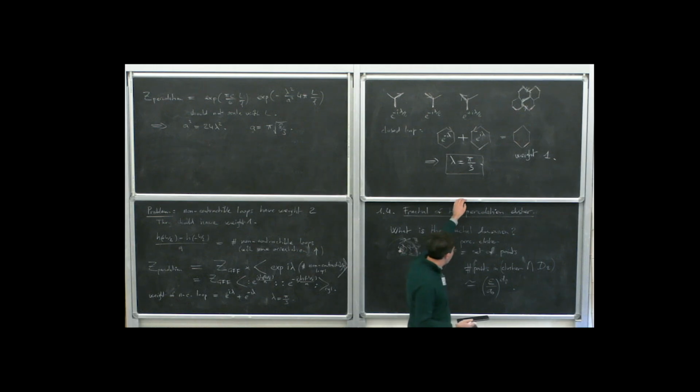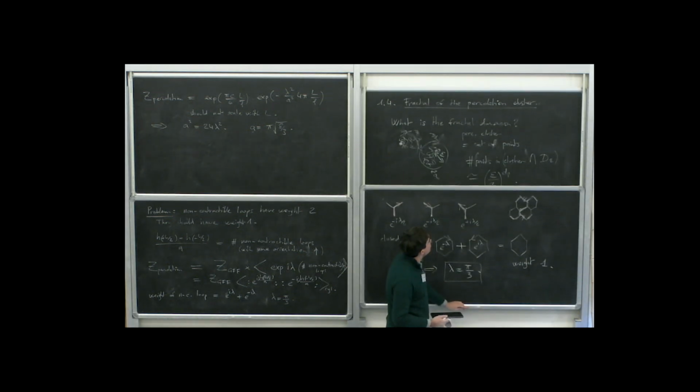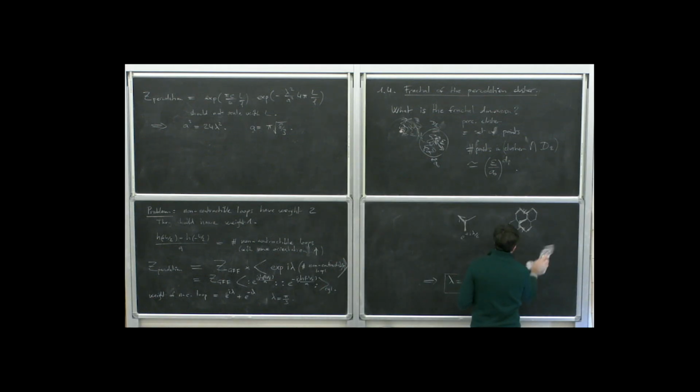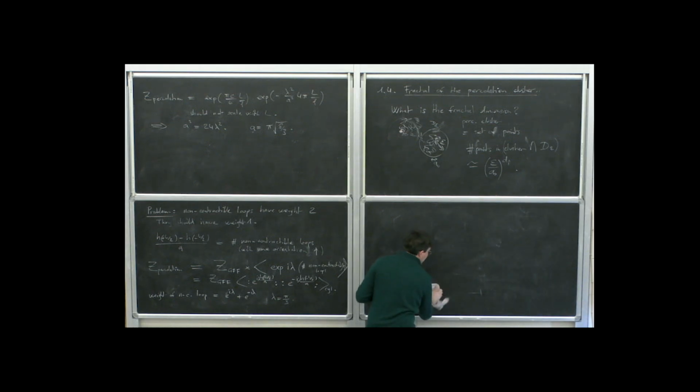Now, how does this connect with field theory? In the field theory, the way that we would rephrase the question of computing this exponent d_f in terms of a quantity that we know how to compute would be to say, well, let's take this configuration with one point on the cluster that defines the cluster on which we are, and another point which somehow measures the probability that we are on the same cluster.